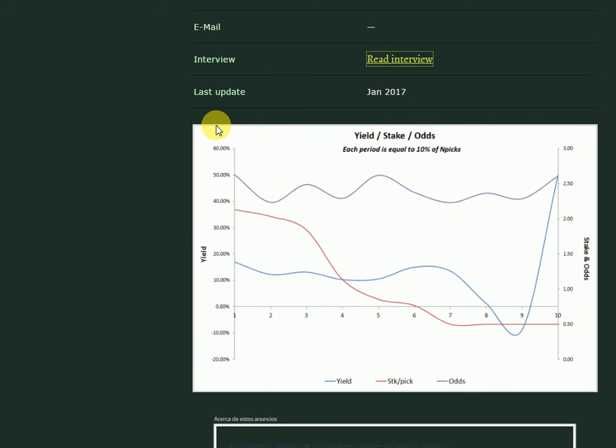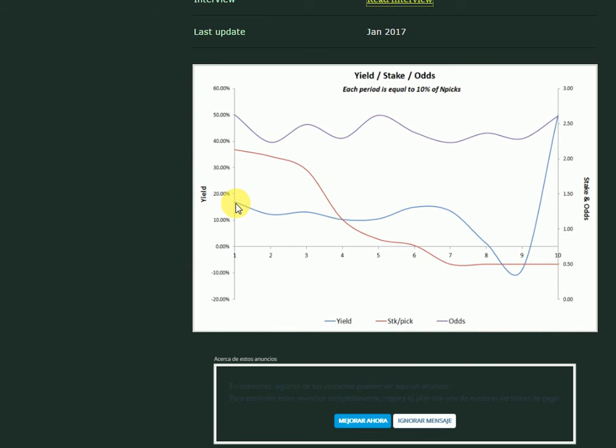On the left-hand side y-axis you see the yield, and on the right-hand side you have the stake and odds. So let's follow one of these lines, for instance the yield. This is the light blue curve.